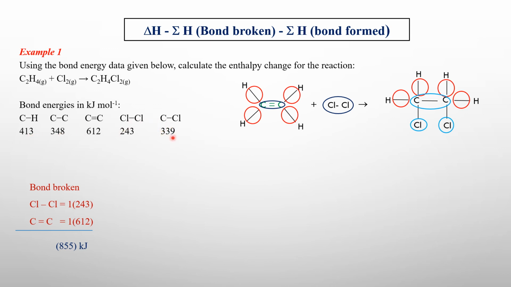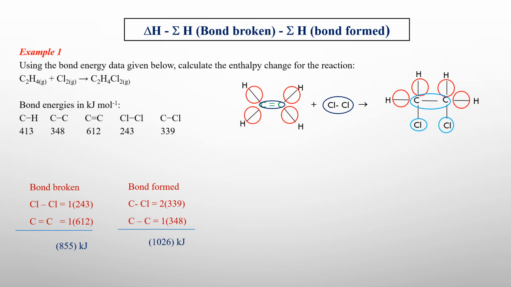Let's write the information now. Bond formed on the product side: first, the carbon-chlorine bond. There are 2 carbon-chlorine bonds formed, so 2 multiplied by 339. And then the carbon-carbon single bond, 1 multiplied by 348. Add this up and the amount of energy released is 1026 kilojoules.